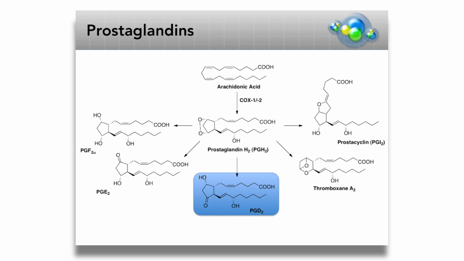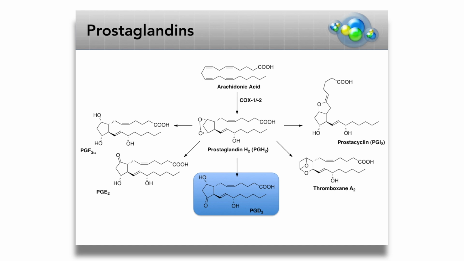Now, arachidonic acid, as we mentioned, is oxidized by the cyclooxygenase to a family of prostaglandin compounds. Of importance to this story is prostaglandin D2. In particular, they were interested in a disease called mastocytosis.